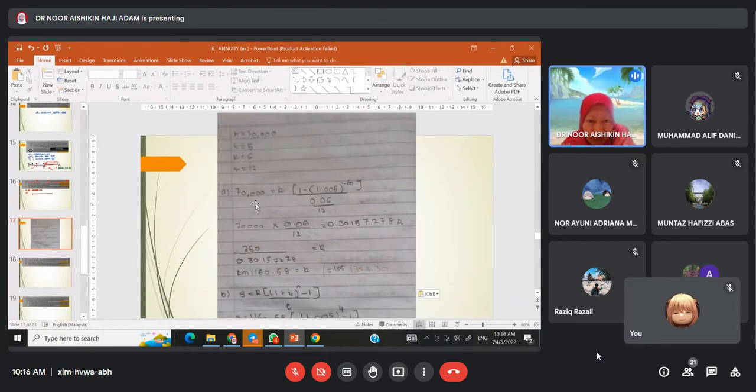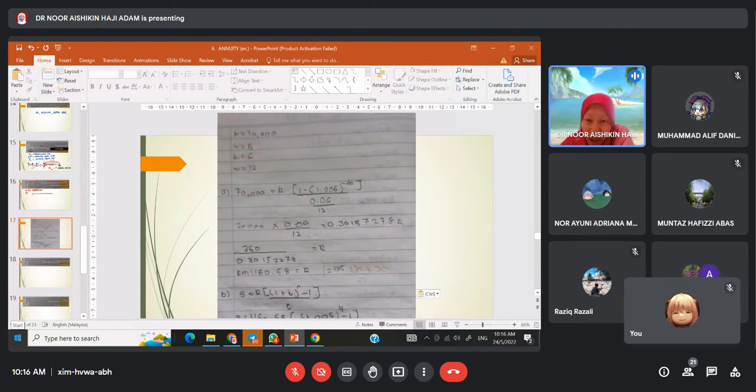Semua information ni betul. So 70,000 equals to R. Masuk formula betul, yes. R times 1 minus 1.006, 6/12. 6/12 1.006 ke? 6/12 is 1/2. Kenapa 0.006? Saya dah nampak dah saya salah kat mana. Dia salah kat mana?